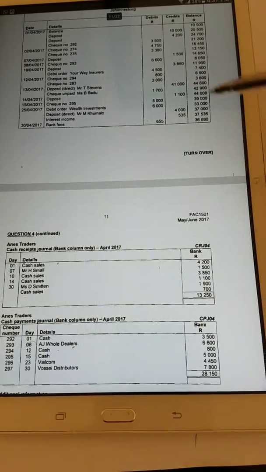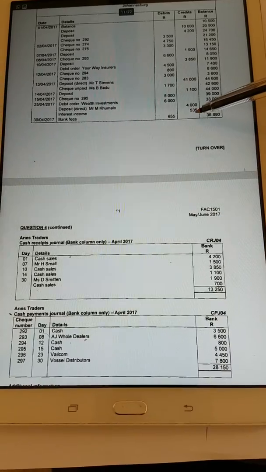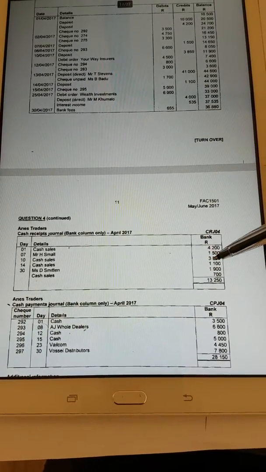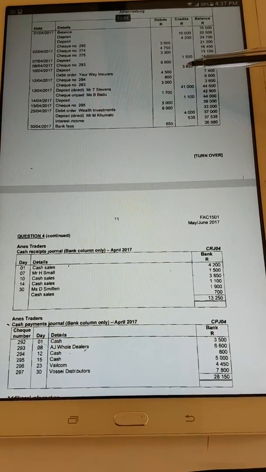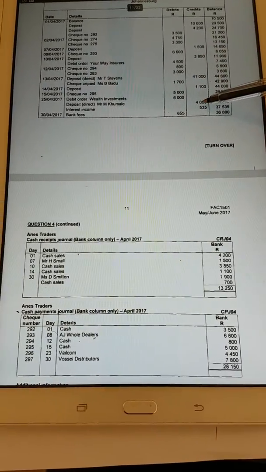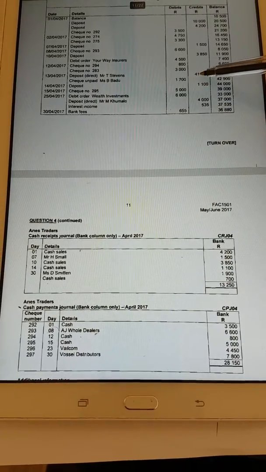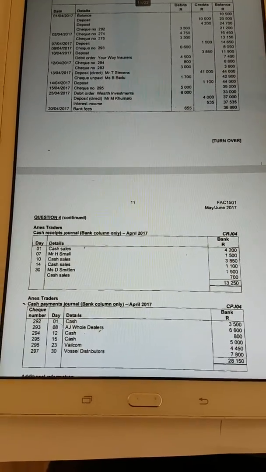For instance, we don't have 5,350 here on the cash receipt journal. If you look at the credit side of the bank statement, we don't have it. 4,000, we don't have it here. 41,000, we don't have it, but other transactions we do have.